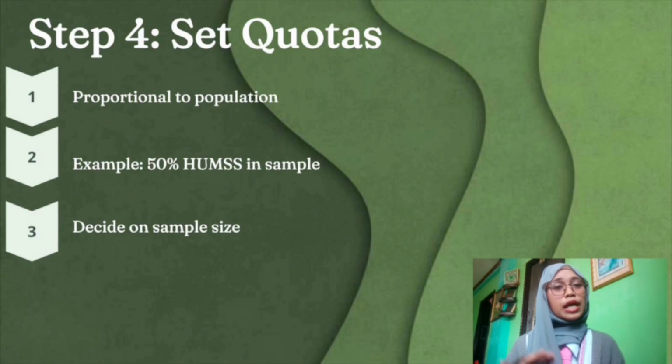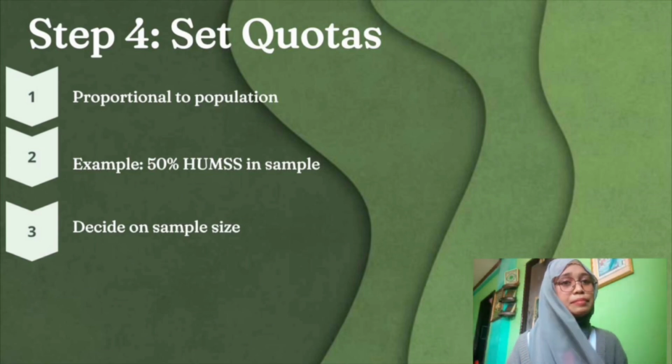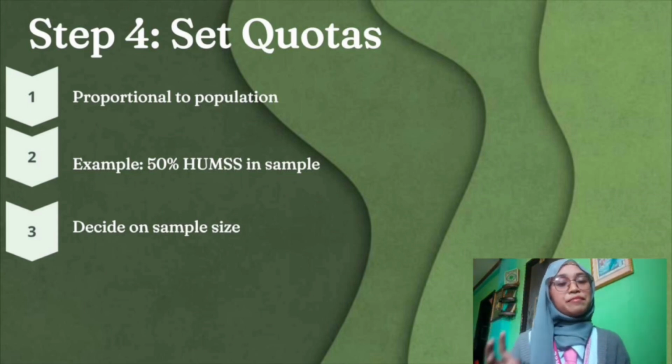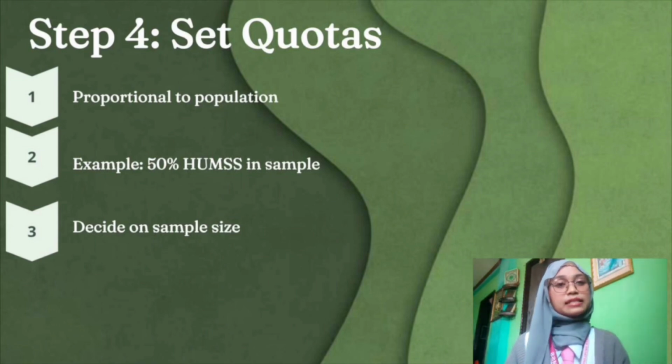For example, if you were going to conduct research on the effects of Facebook on the 2,000 population of Polymer Development Academy Incorporated that are using Facebook, and 1,000 or 50% are senior high school students from the strand of Humanities and Social Sciences or HUMSS, then you should include 1,000 HUMSS students in your sample, but you should divide them into subgroups and set quotas based on their proportion.